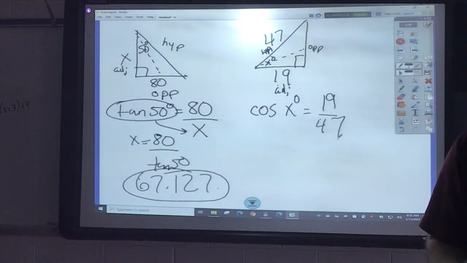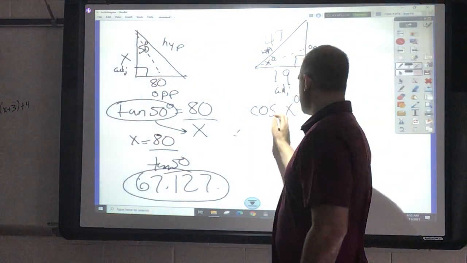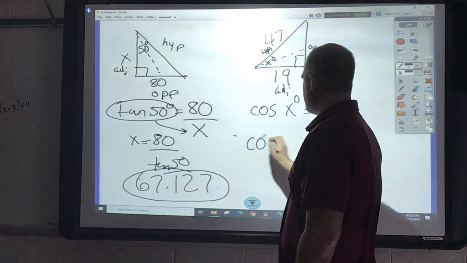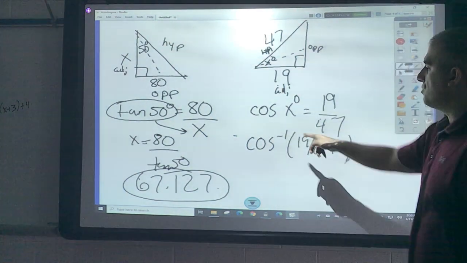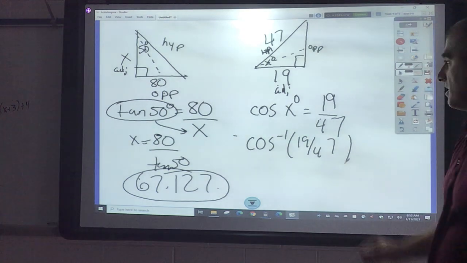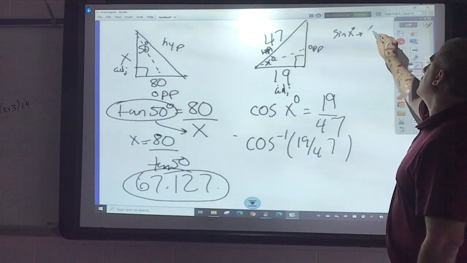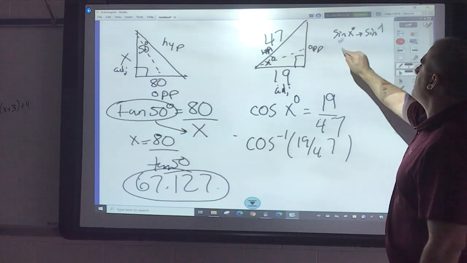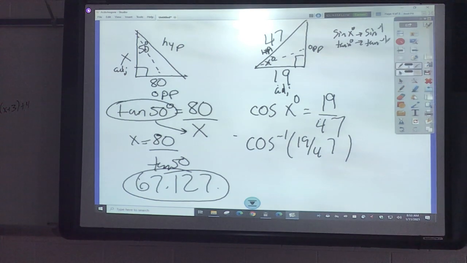Now, when you're trying to find the angle, okay, so if I had, in this case, cosine, I'm going to do what they call inverse cosine of my ratio. So I use this little -1. I'll show you where that is on the calculator. If you have sine, you would use sine inverse. And if you had tan, obviously you would use tan inverse. I want to be really clear on that, okay?